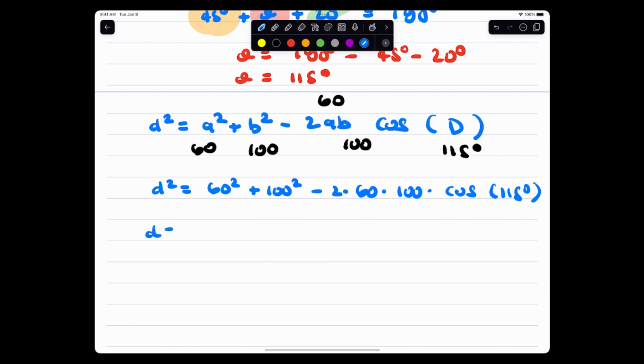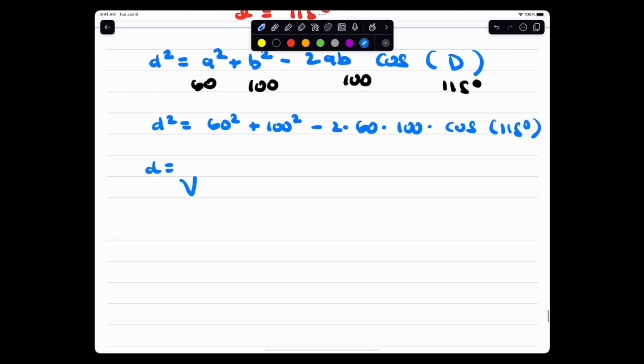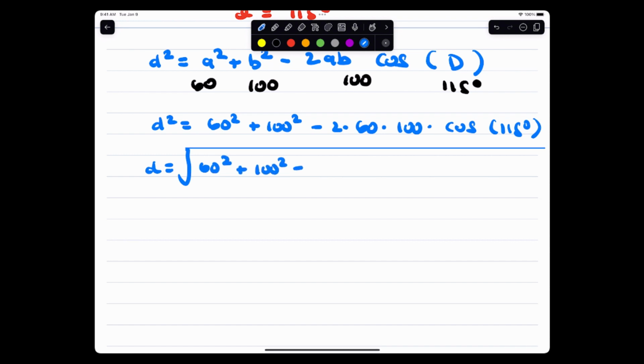So what would d become then? 60 squared plus 100 squared minus 2 times 60 times 100 times the cosine of 115 degrees.